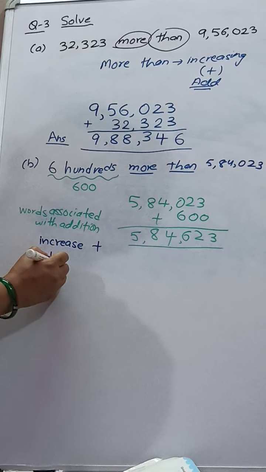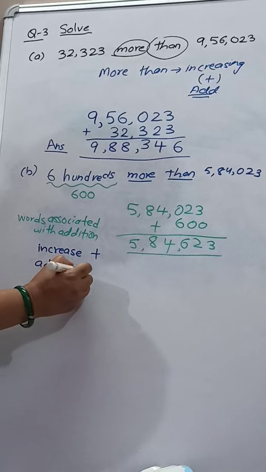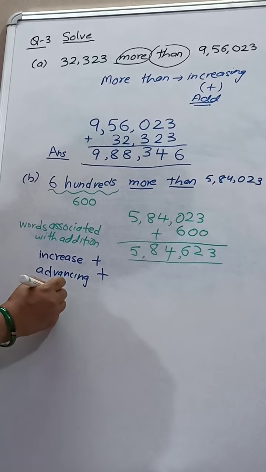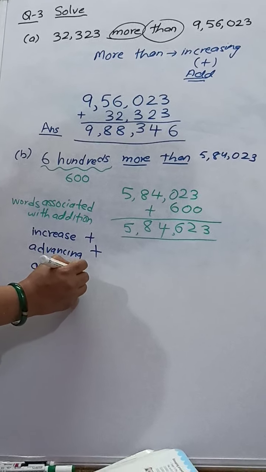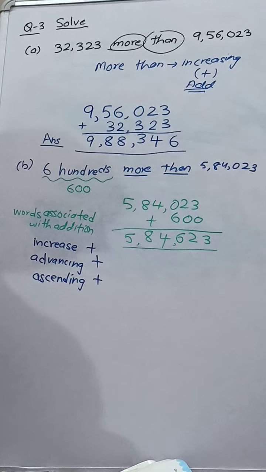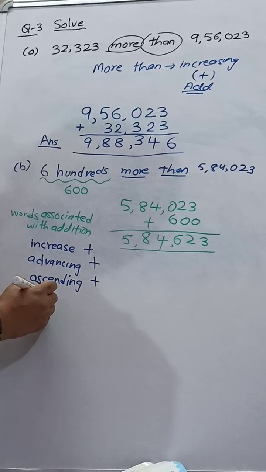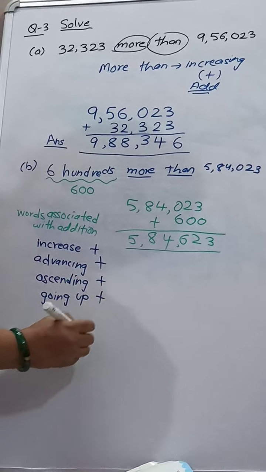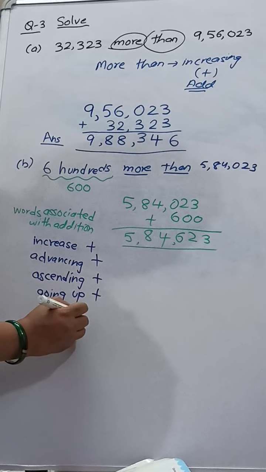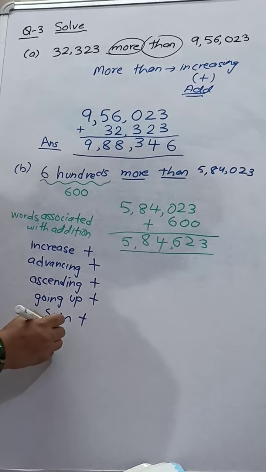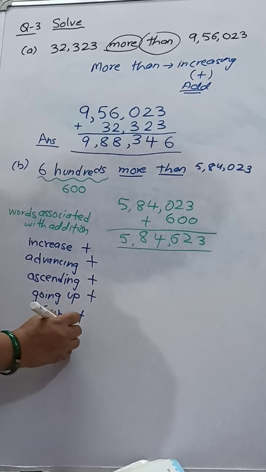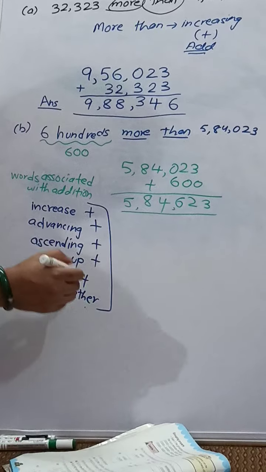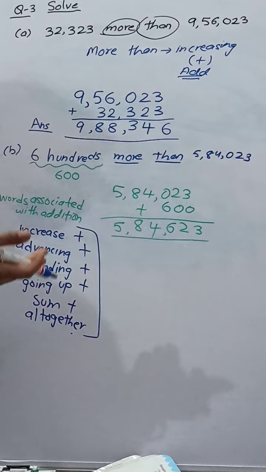I am advancing by some number. This means plus. I am ascending by some number. This means I have to add. I am going up. I have to find the sum. Something is all together. So all these things are associated with addition, and we may have many more new words according to the situation.